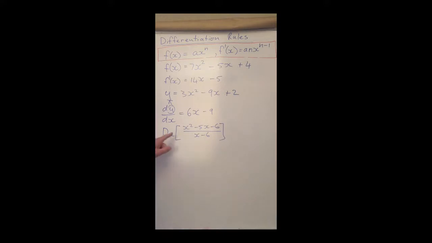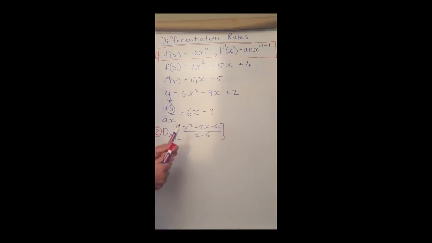No. If there's division or multiplication in my expression, I need to simplify first before I can get the first derivative. That is my second rule. So I need to simplify it first. Just remember this one. That is my first rule over there. My second rule: simplify the expression.